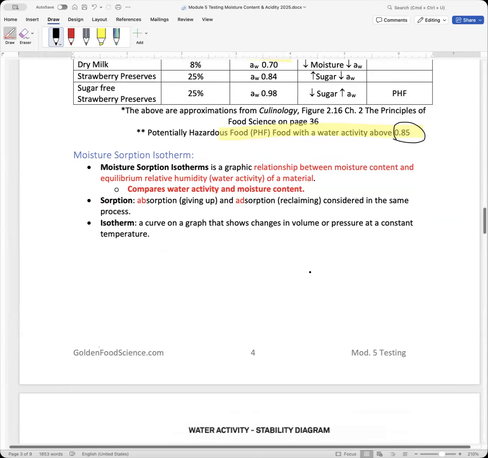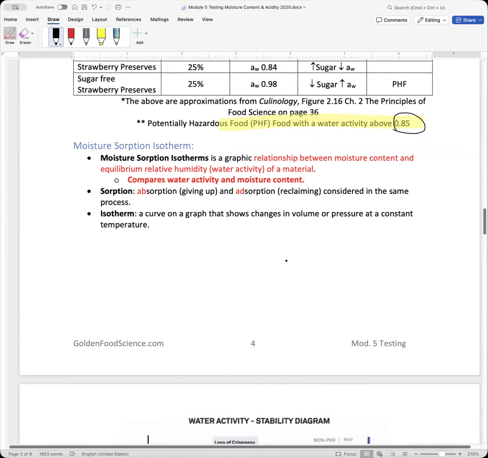So now we're going to look at a chart. It's called the moisture sorption isotherm. Essentially, it measures the moisture content and the water activity, and how the risk and things change over time. So it compares water activity to moisture content.